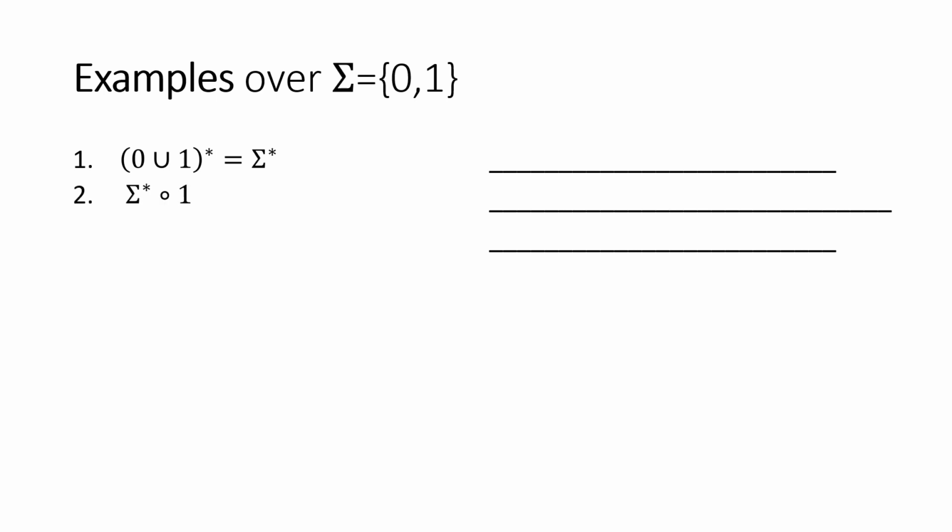Then sigma star concatenated with 1, and sigma star concatenated with 1 1 concatenated with sigma star. So let's take a moment and just think about how you would describe what these regular expressions mean using just normal English.